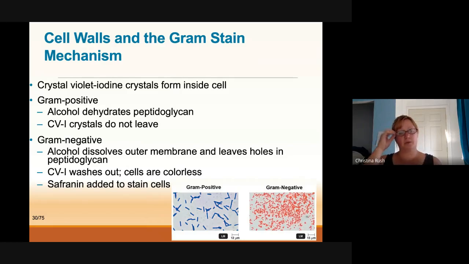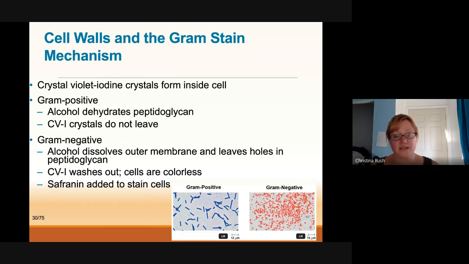So the gram stain mechanism, we have done stains already, but just really in brief, we have the crystal violet iodine crystals. They form when you have the peptidoglycan. So in a gram-positive, the crystal violet is not going to leave.